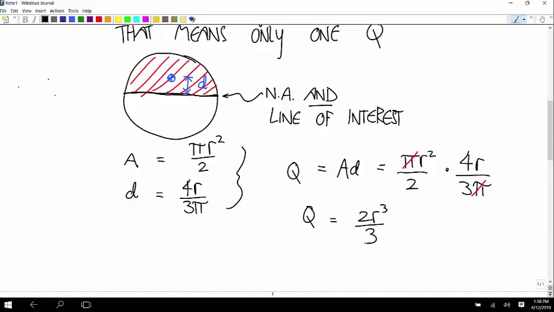That's the only Q that can ever be relevant for us for a circular cross section, just because we can't move our line of interest anywhere else.